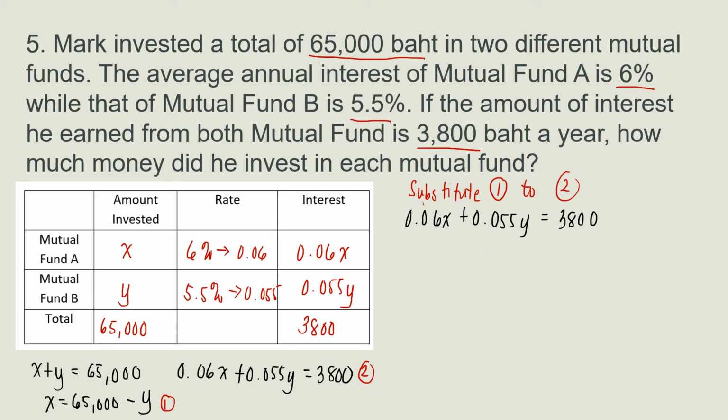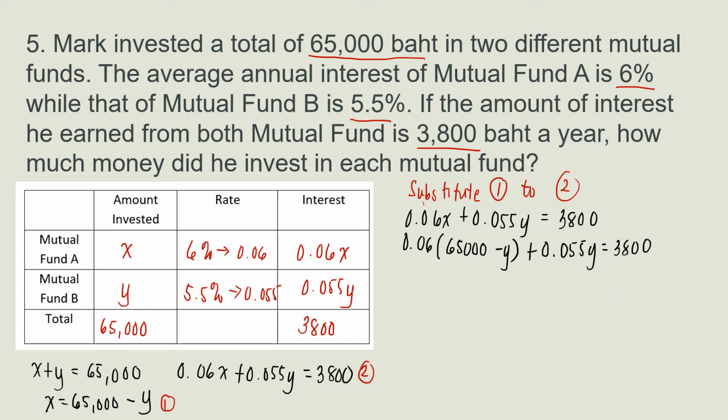Then let's do the substitution. We will change the x to 65,000 minus y. So we will have 0.06 times the quantity 65,000 minus y, plus 0.055y is equal to 3,800.